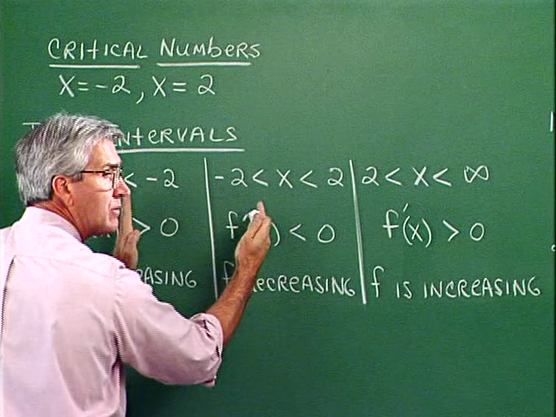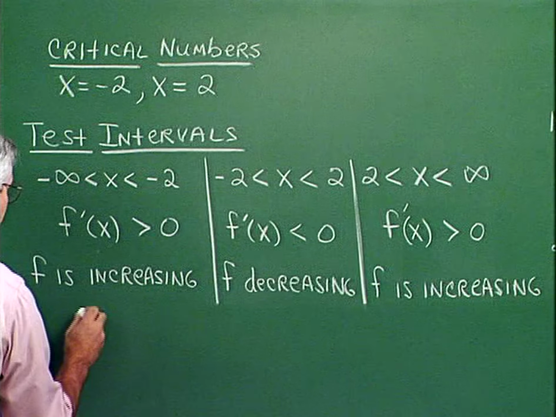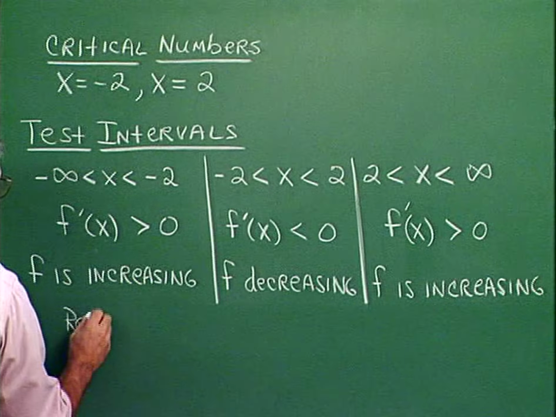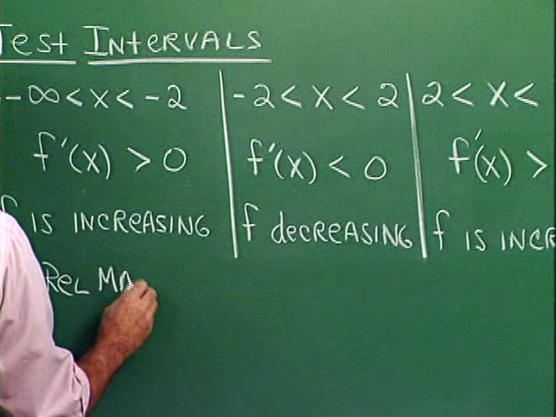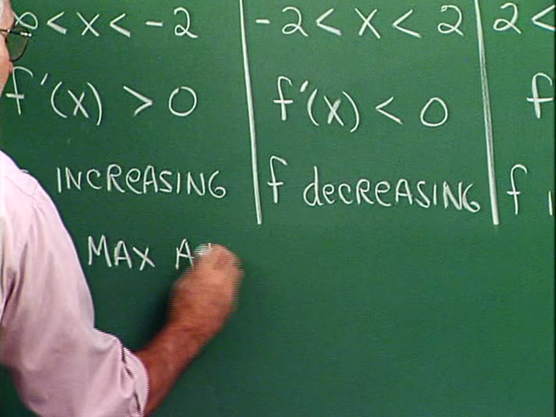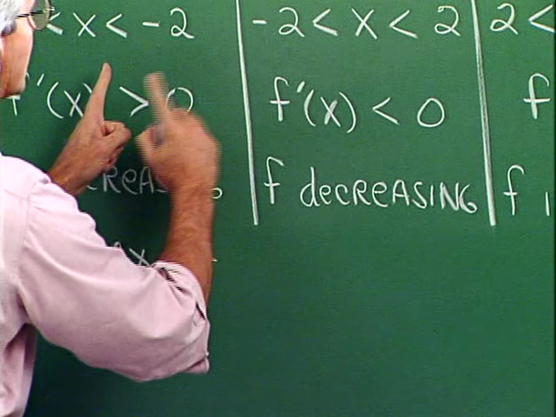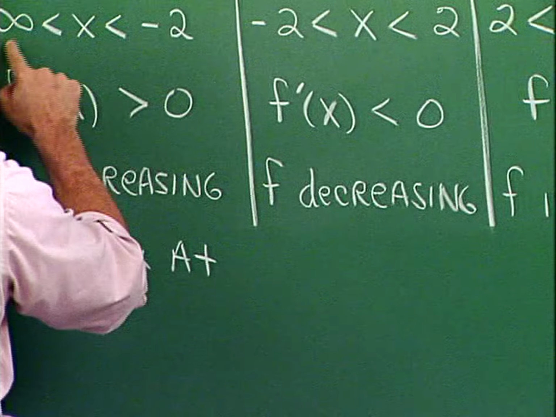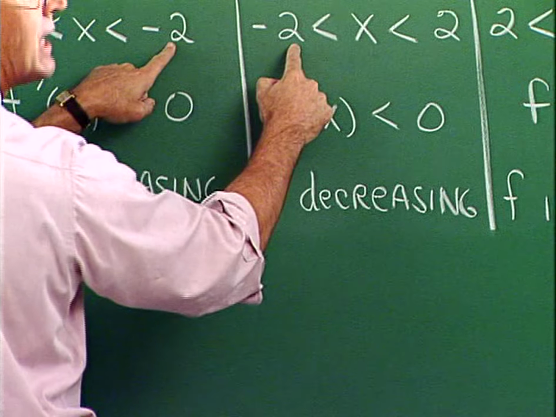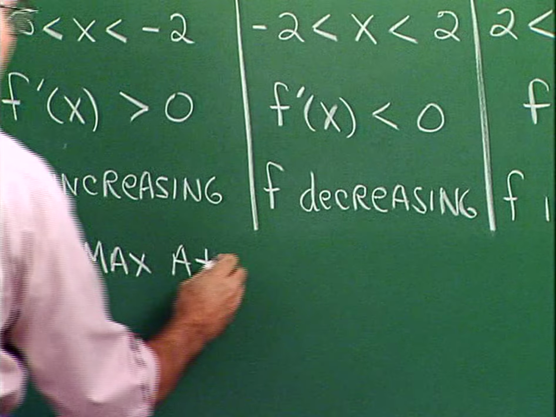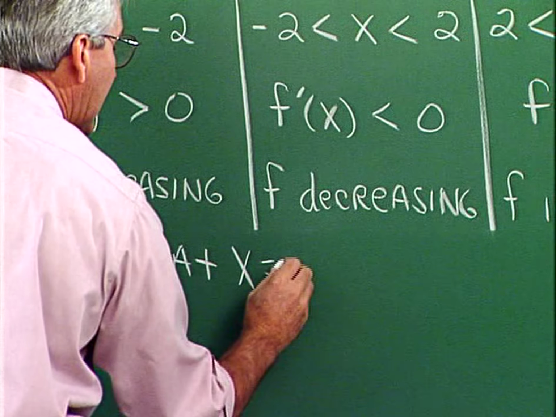And that turns out to be the case. So we can say that there is a relative max at where's the dividing of this? Well, this interval goes up to -2. This one starts at -2. So there is a relative max at x equals -2.